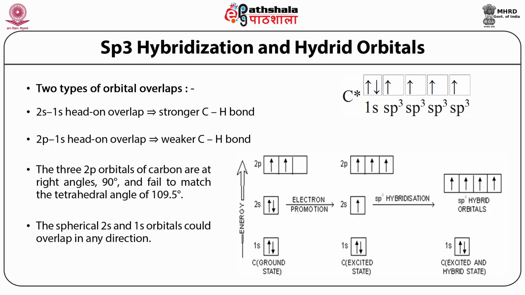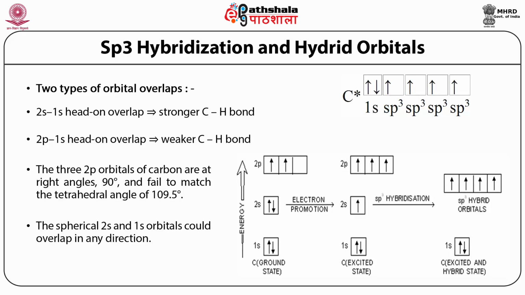A linear combination of the valence shell, that is s and p wave functions, is the best possible choice for the set of 4 equivalent orbitals, which are the 4 sp3 hybrid orbitals, as shown in the electronic configuration of C star, where there are 4 hybrid sp3 orbitals resulting from a linear combination of 1 s and 3 p orbitals.